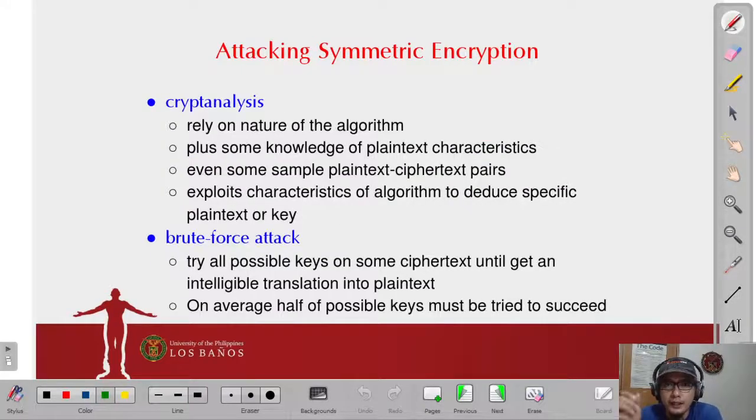Now, how do you attack symmetric encryption? There are two approaches: cryptanalysis and brute force attack.